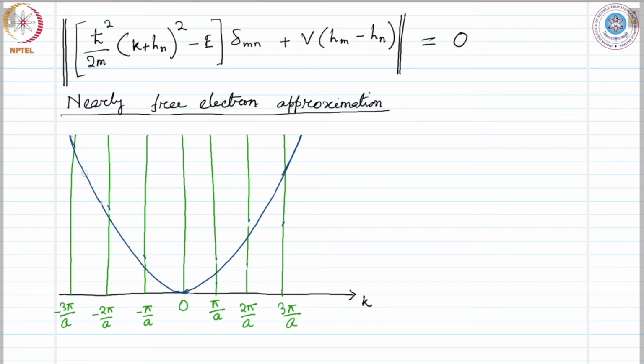Let's see what we will get for a nearly free electron system. Now, if we consider k equals plus minus pi over a, that means this point or this point here, then the corresponding energy would be represented as E naught equals h cross squared over twice m times pi squared over a squared.